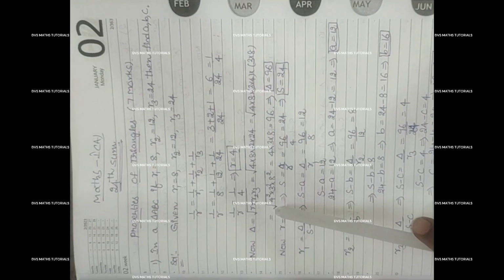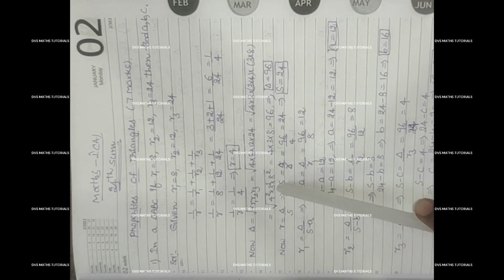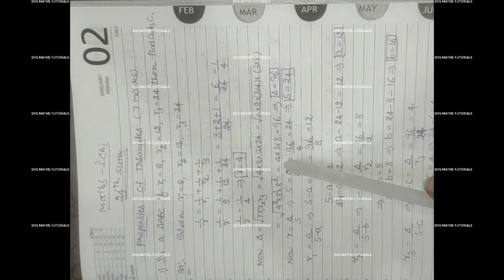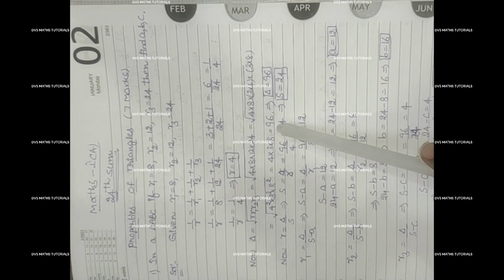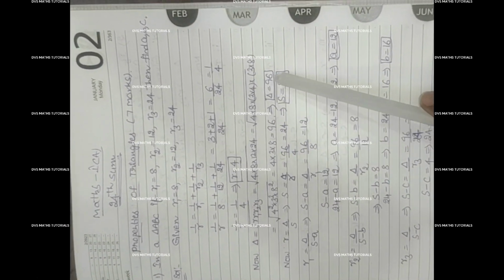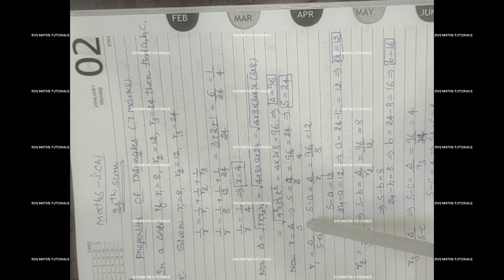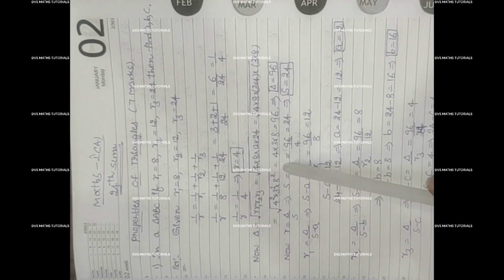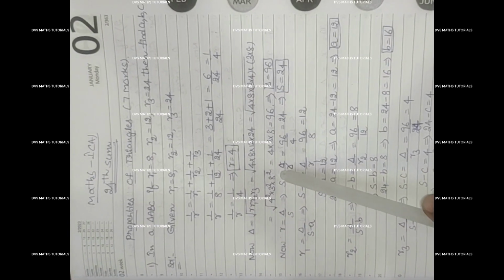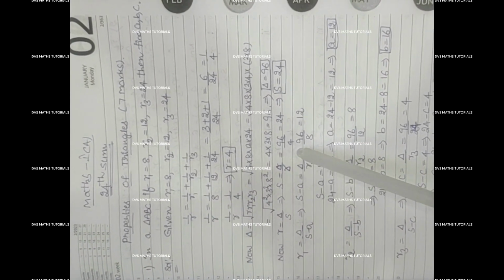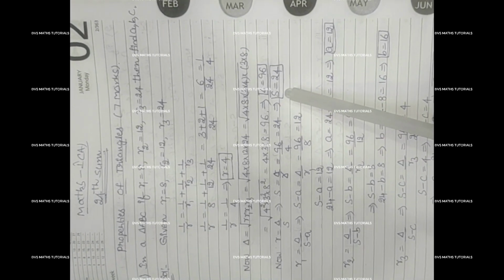So you can write it as square root of 4 square into 3 square into 8 square, which is 4 into 3 into 8, that is equal to 96. So delta is 96. Now we have small r is equal to delta by s. From this, small s is delta by r. We know the values of delta and r, that is 96 and 4. 96 by 4 gives 24. So the value of s is 24.